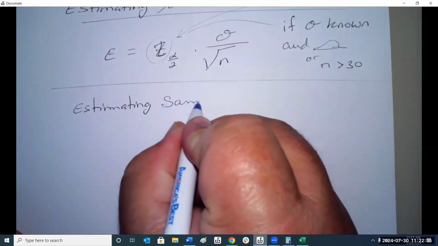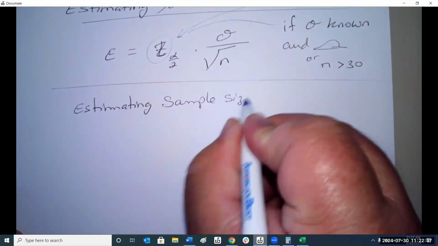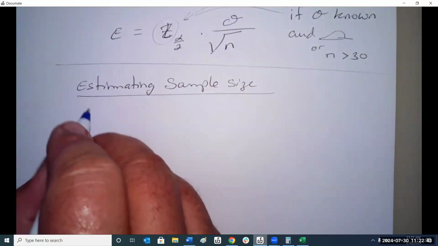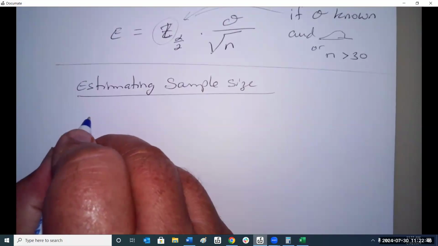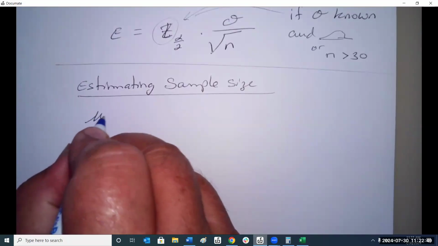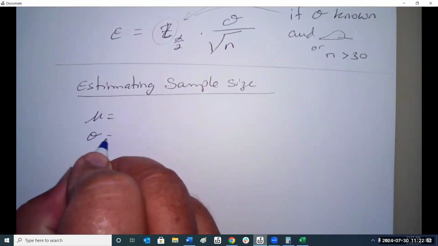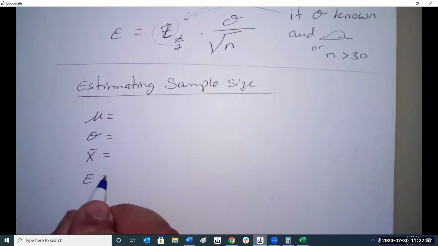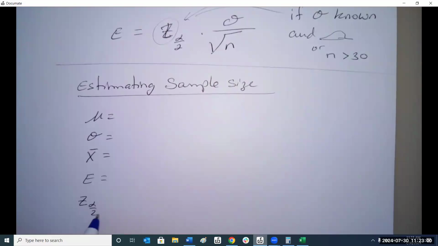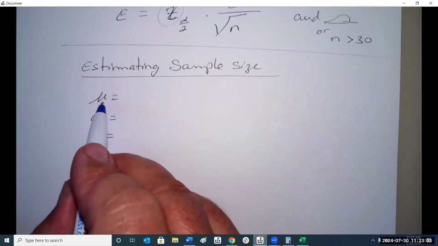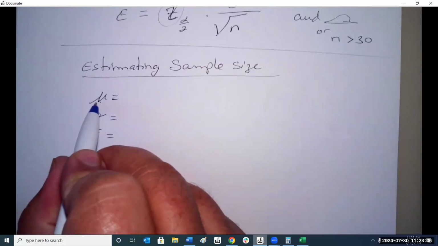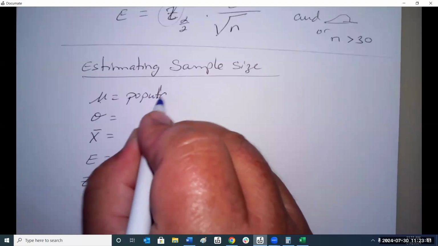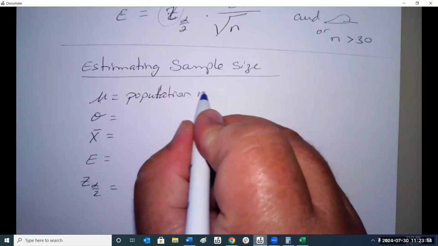Estimating sample size. The symbols we'll use: mu, remember, it's the Greek letter, so it's population, and that represents the population mean.